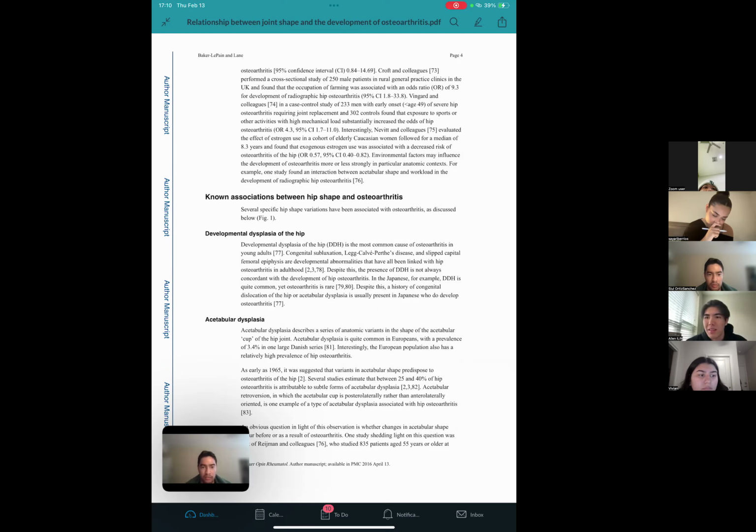Croft and colleagues performed a cross-sectional study of 250 male patients in rural general practice clinics in the UK and found that the occupation of farming was associated with an odds ratio of 9.3 for development of radiographic hip osteoarthritis.